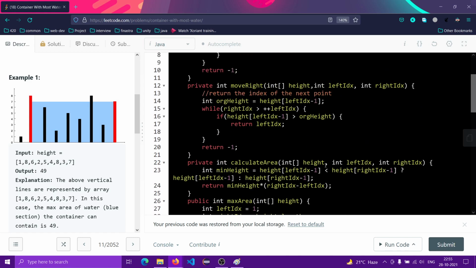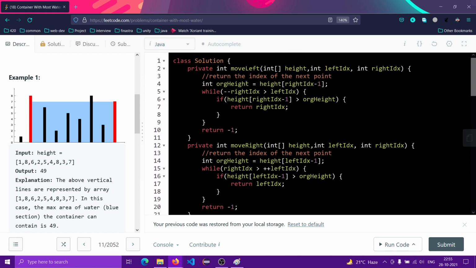Now, why make move right and move left functions separately? Because I mentioned earlier that we need to move only if the new height is greater than the height we already have. This is some logic that you do not have to worry about.